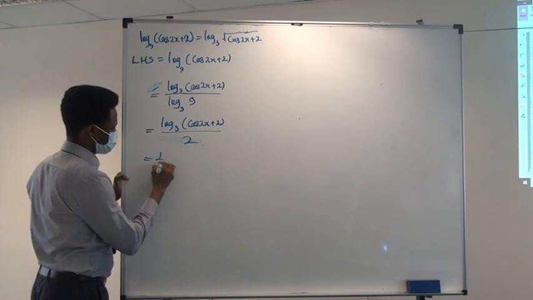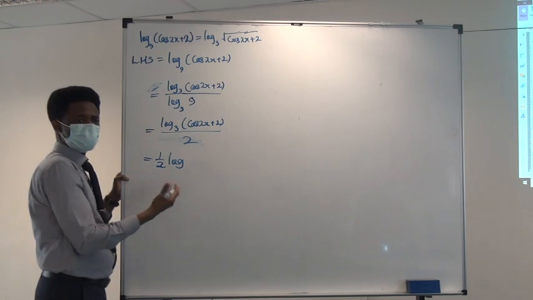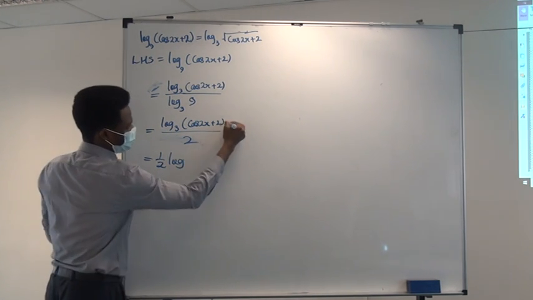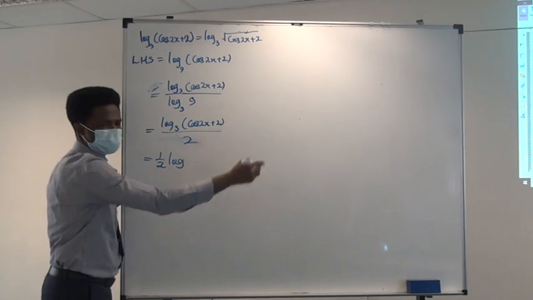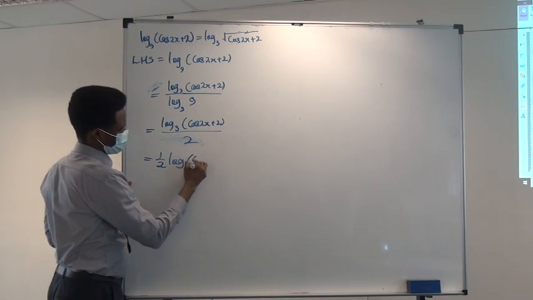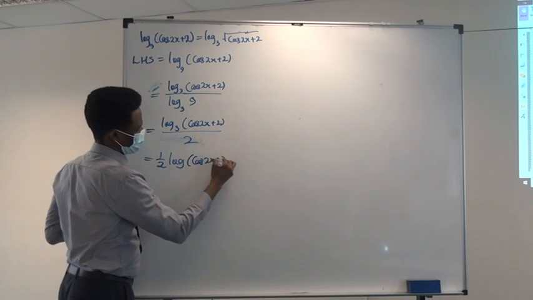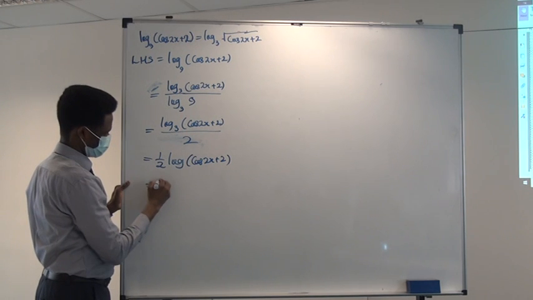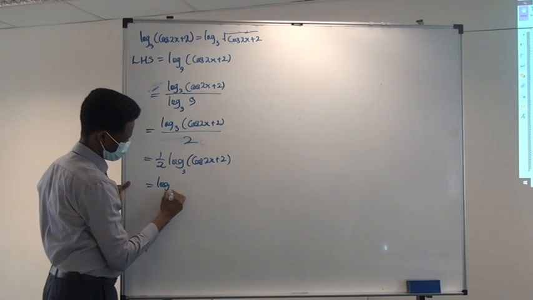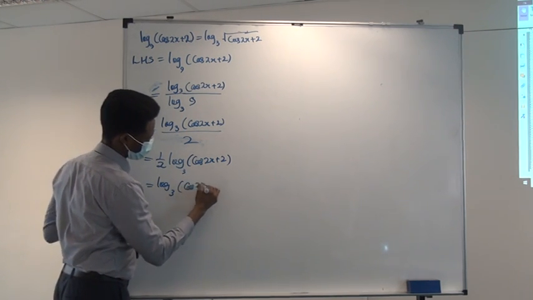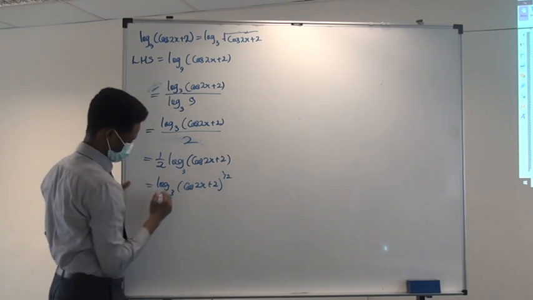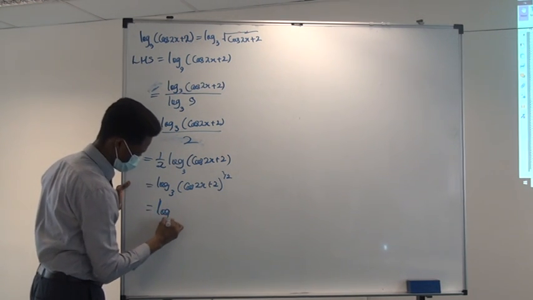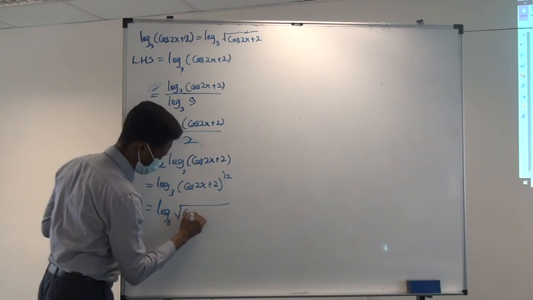And this is what you write as half log, because divided by 2 means half. Somebody wrote it in front times half. No, put it at the back. And then you apply the law of logarithm, to power half. And this is how it becomes the square root that you're looking for.